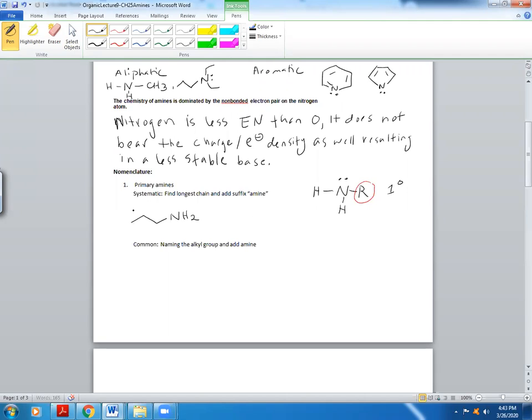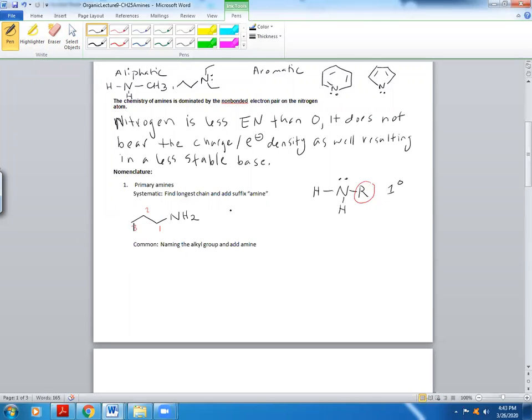So in this case, we have one. Okay, it's not letting me type here. Or just count them. You have 1, 2, 3. We know 3 is propane, but since we have an amine group attached to it, what we need to do is add the suffix amine.